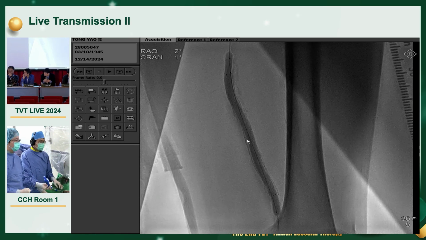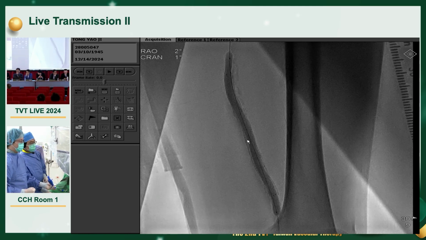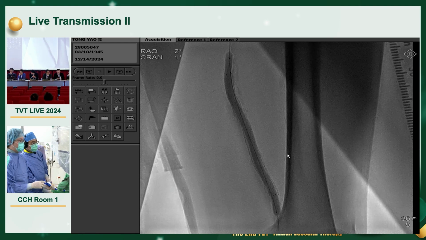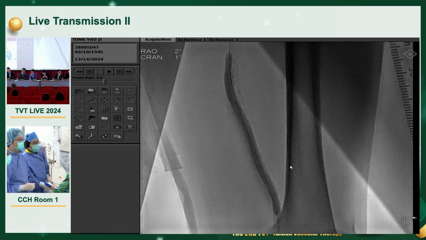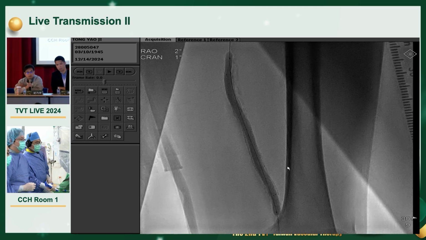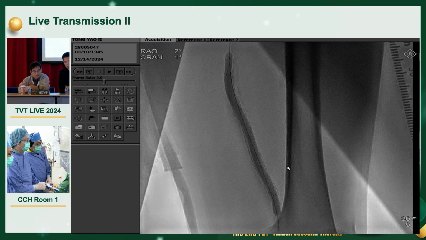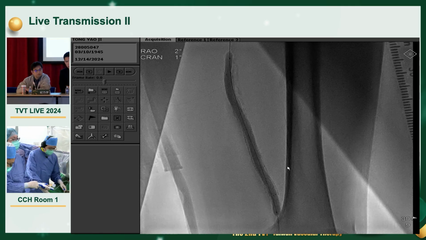I think the SFA inflow is also very important. Last year, the SFA orifice was narrowing. So do you think this time stenting will cover the SFA orifice? Yes.